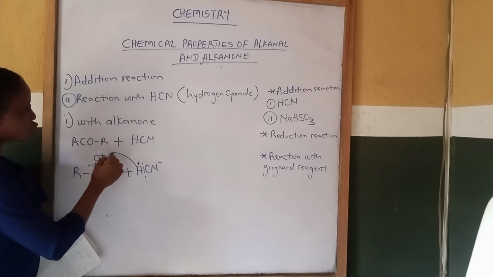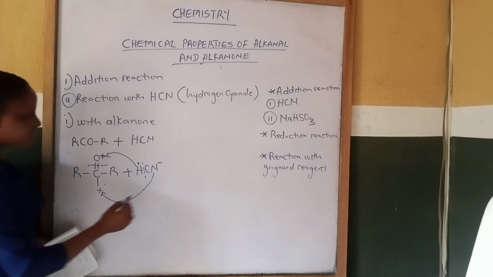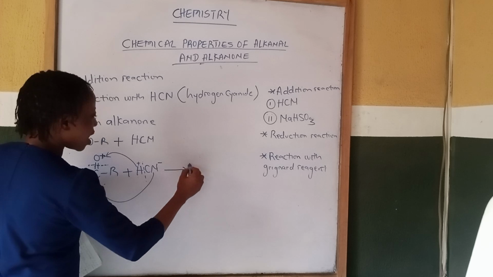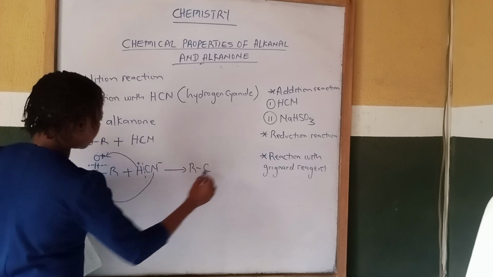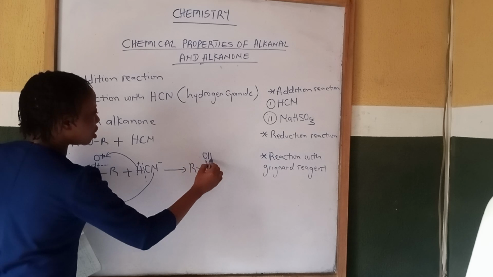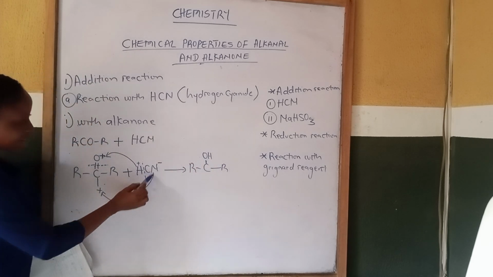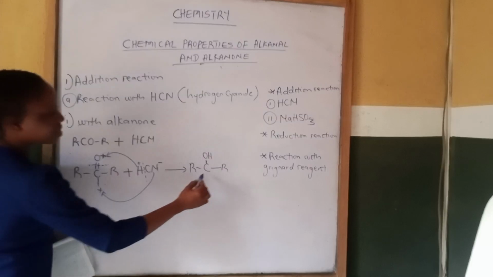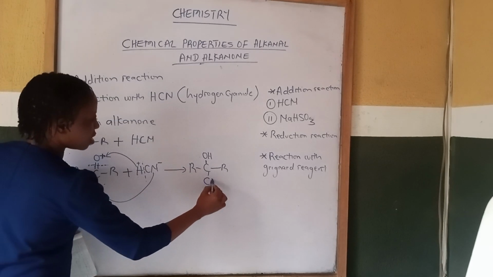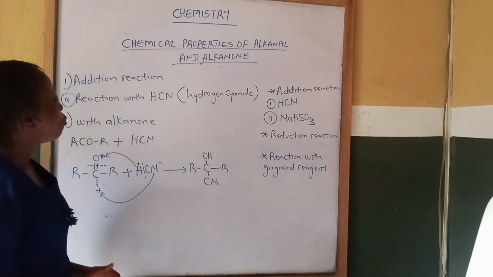Therefore, hydrogen will go to oxygen, then the cyanide will come to this positive side. So our product will be RC, then hydrogen and oxygen will give us a hydroxy group, then R. Then the cyanide will come down to the adjacent carbon atom. That's CN.